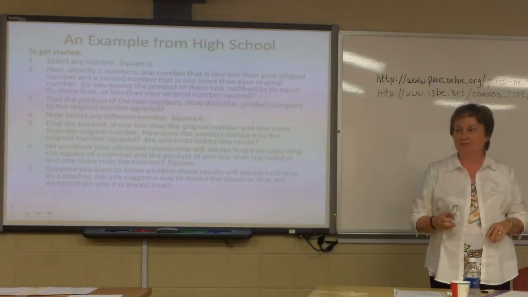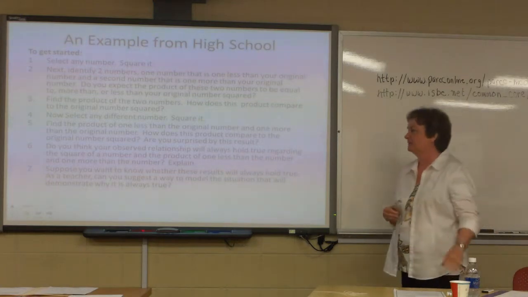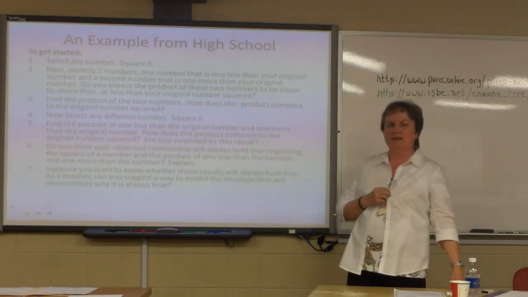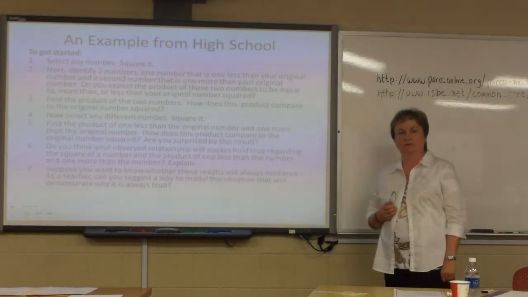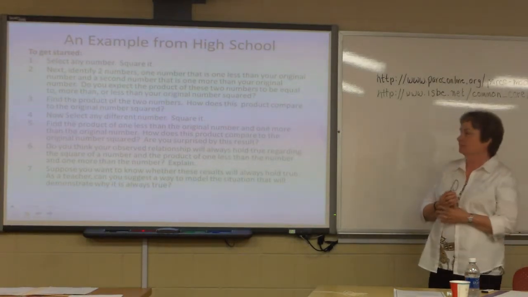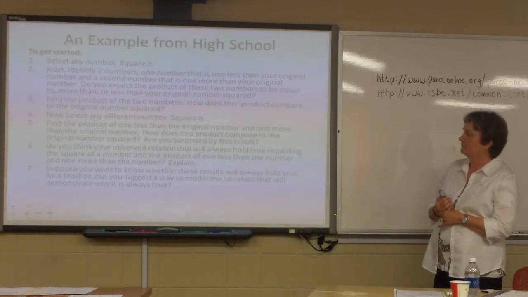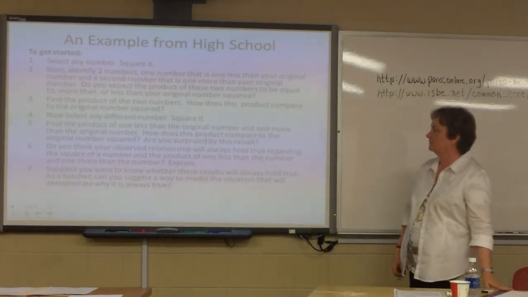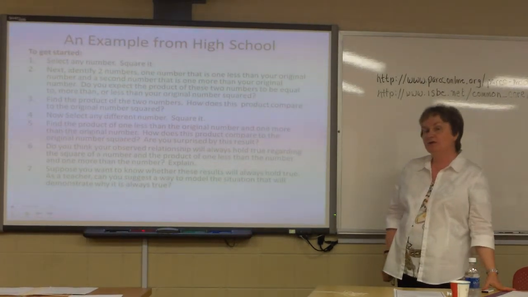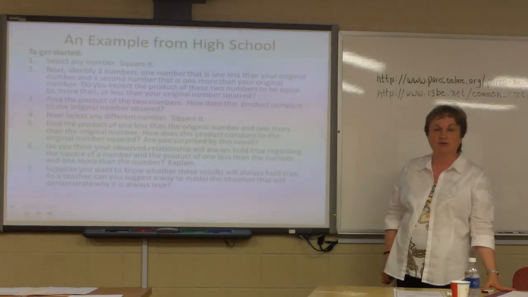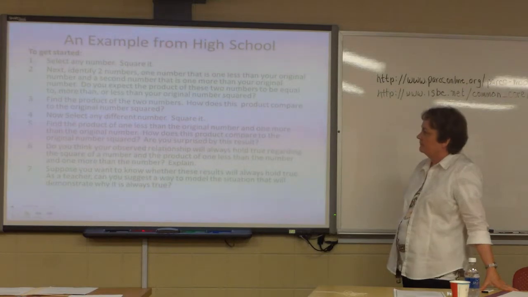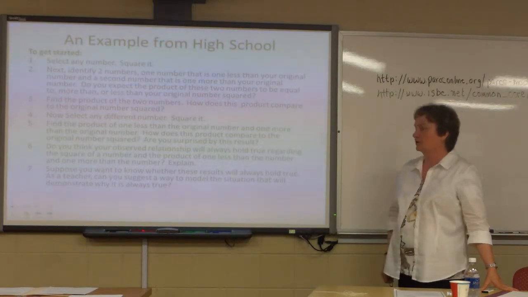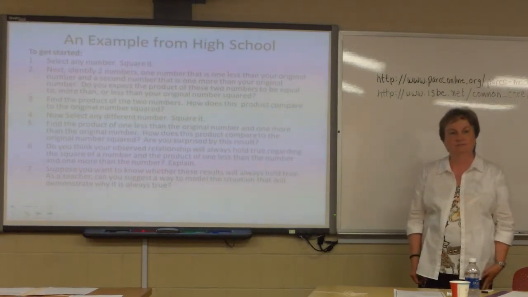I'm thinking whole number, though you probably could do this with decimal numbers or fractional numbers. Then I want you to find the product of those two numbers, the one that's one more and the one that's one less. How does this product compare to the original squared number?